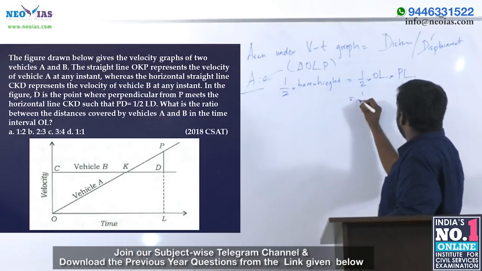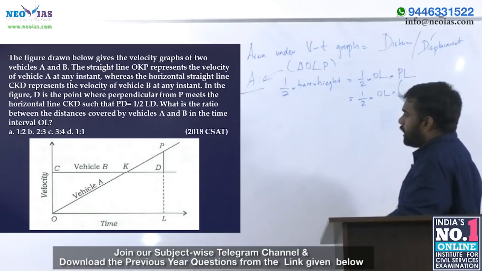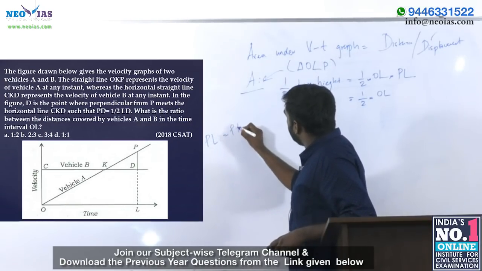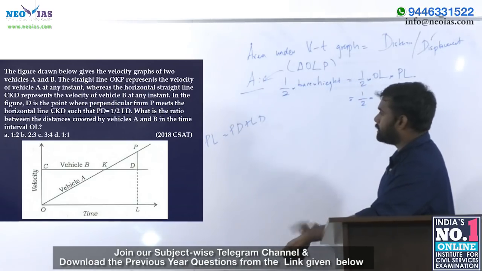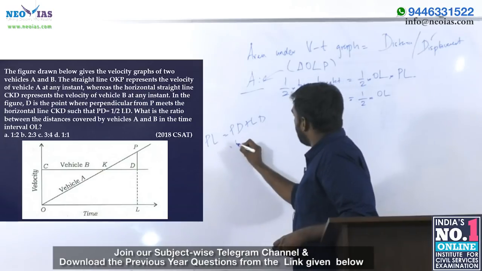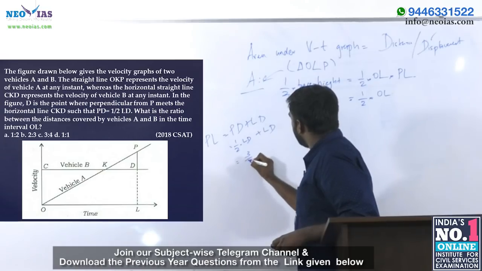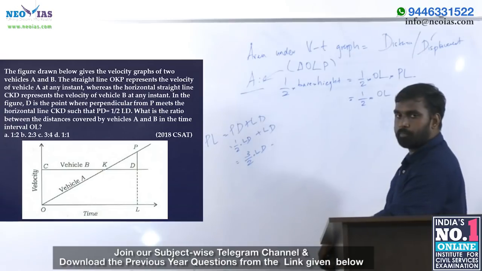Here we will rewrite this OL, and PL can be written as PD plus LD, right? PL is PD plus LD. What is PD? Half into LD. So PD plus LD becomes 3 by 2 of LD, which will be the value of PL, right?